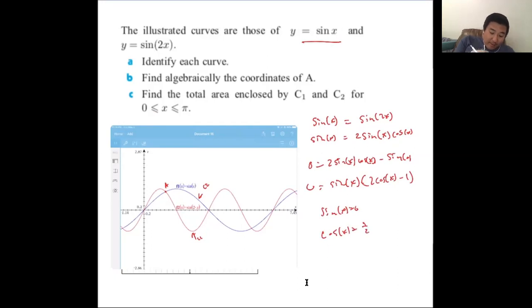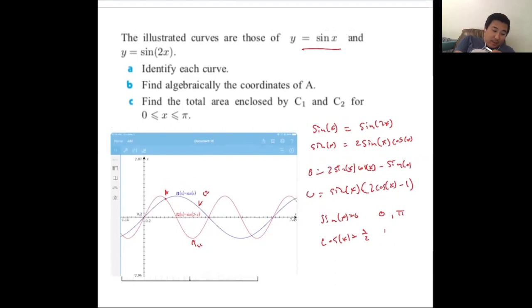Sine equals 0 at 0 and pi. And cosine equals 1/2 at 60 degrees, so pi over 3. So A is at x equals pi over 3.